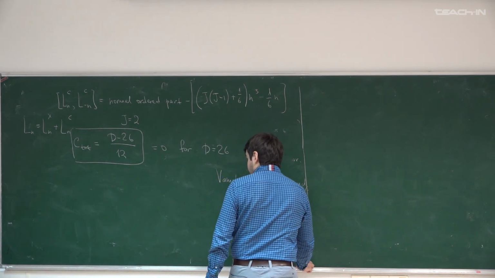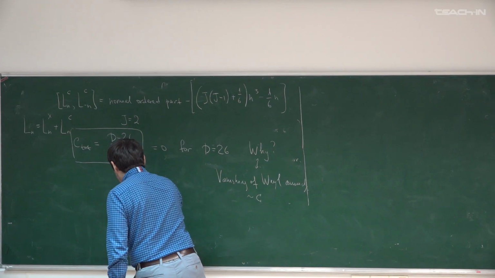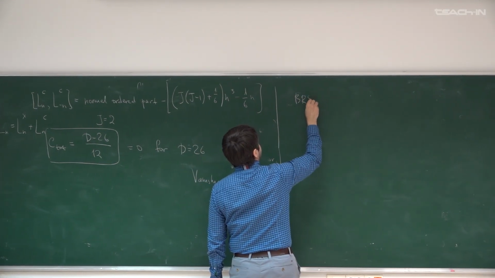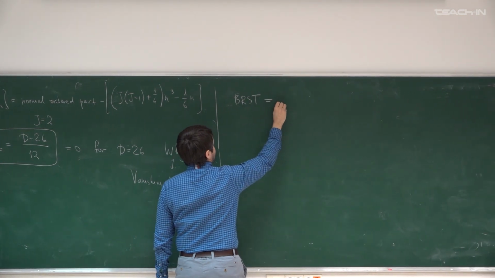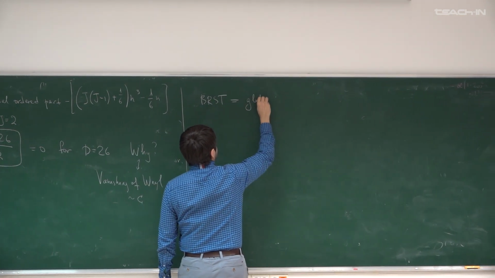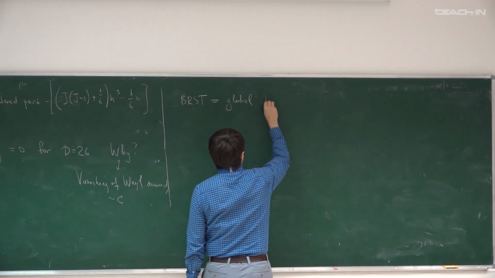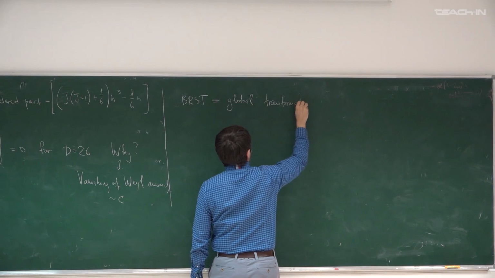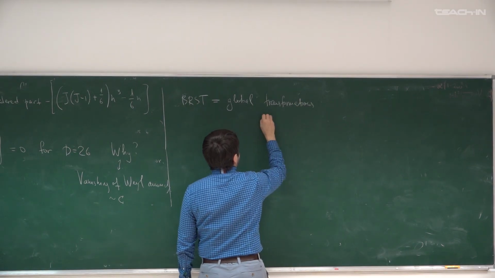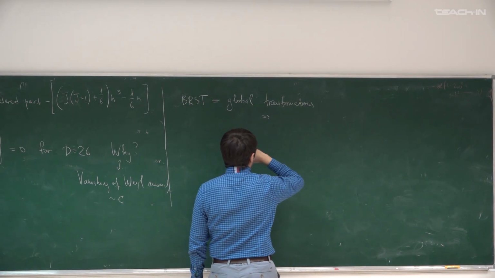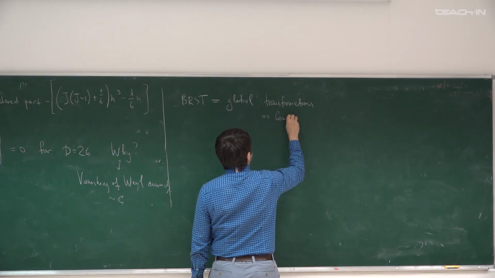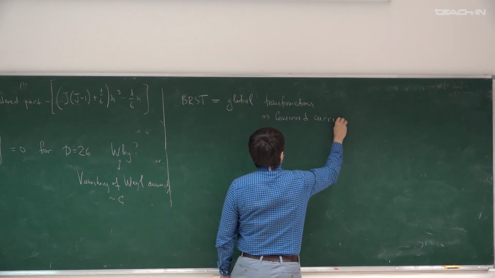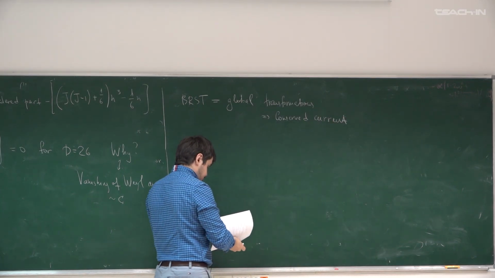These are global transformations, so as we discussed before, they lead, by Noether's theorem, to a conserved current.